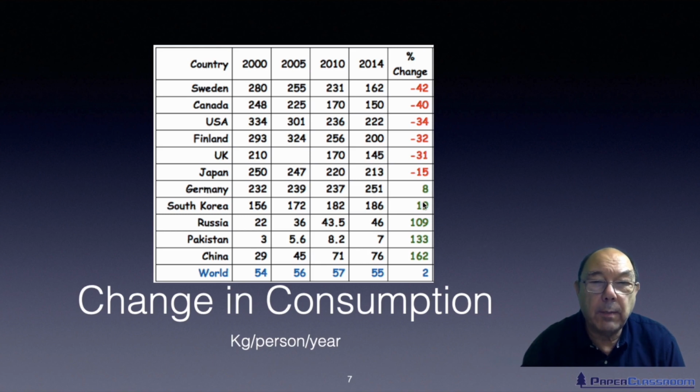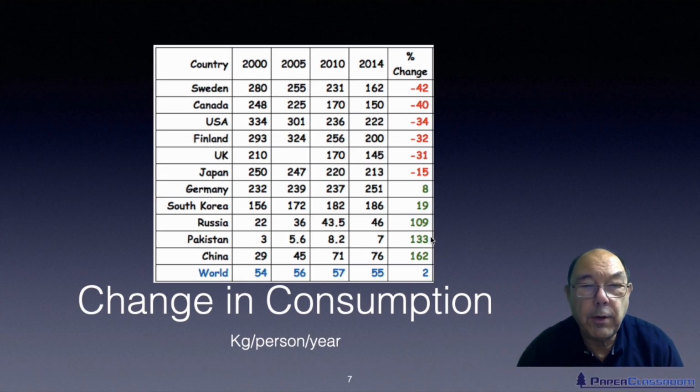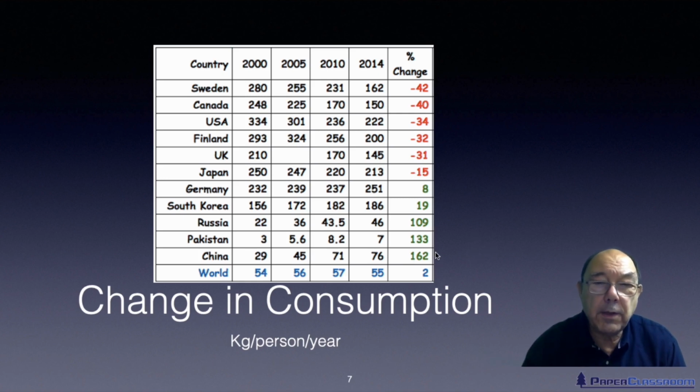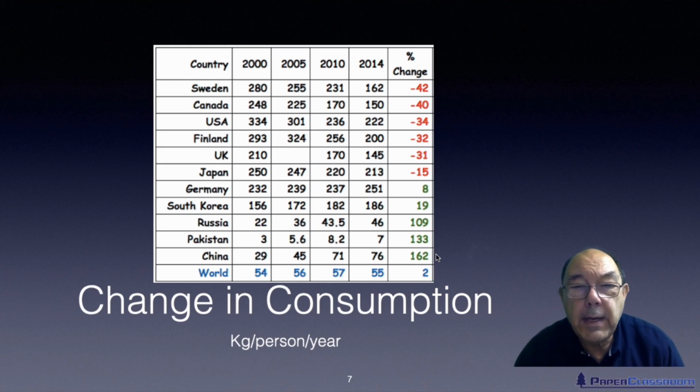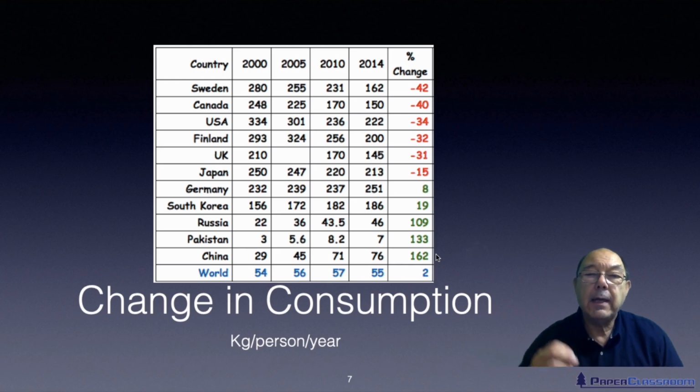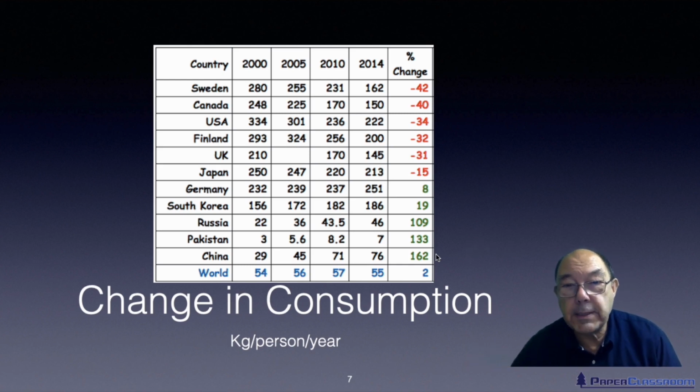South Korea has gone up by 19%. Russia has more than doubled at 109%. Pakistan has also more than doubled at 133%. China, 162%. And when you think there are 1.3 billion Chinese, each consuming 162% of paper compared to what they used to do.